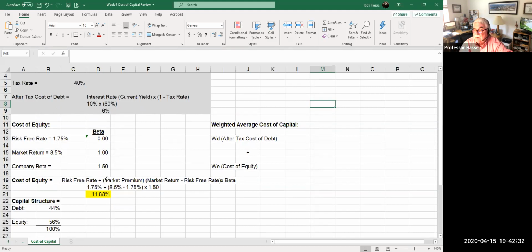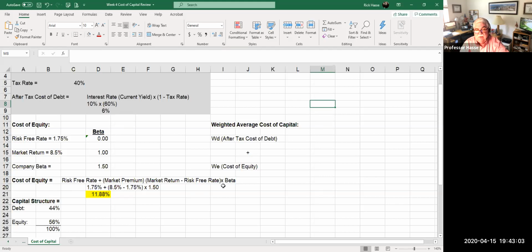We've done this before. So the cost of equity, or the required rate of return on the equity position, in other words, if I'm investing in stock in this company, what should I receive as a return based on the risk and the market indicators in the market today? Well, remember, it's the risk-free rate plus the market premium, which is the market return minus the risk-free rate, times the beta of the company.